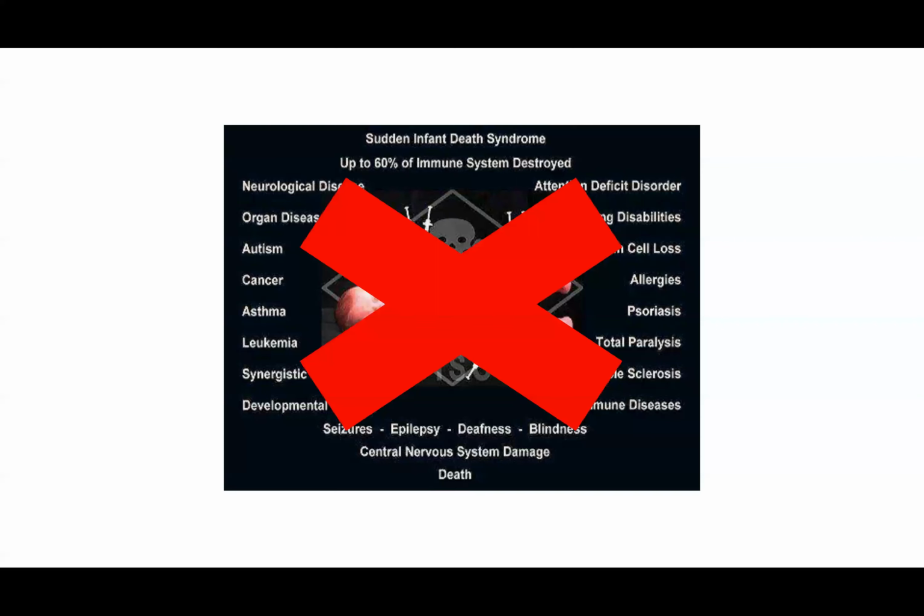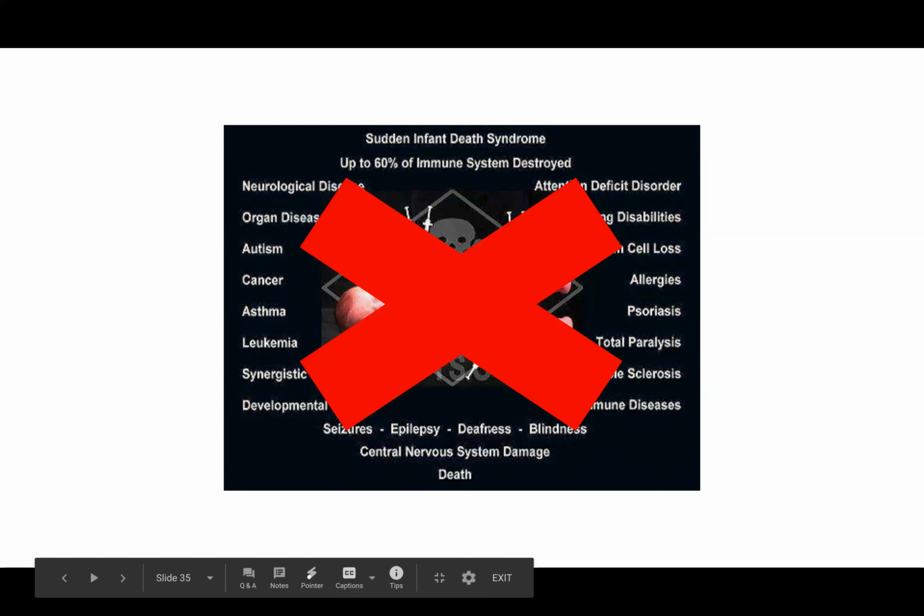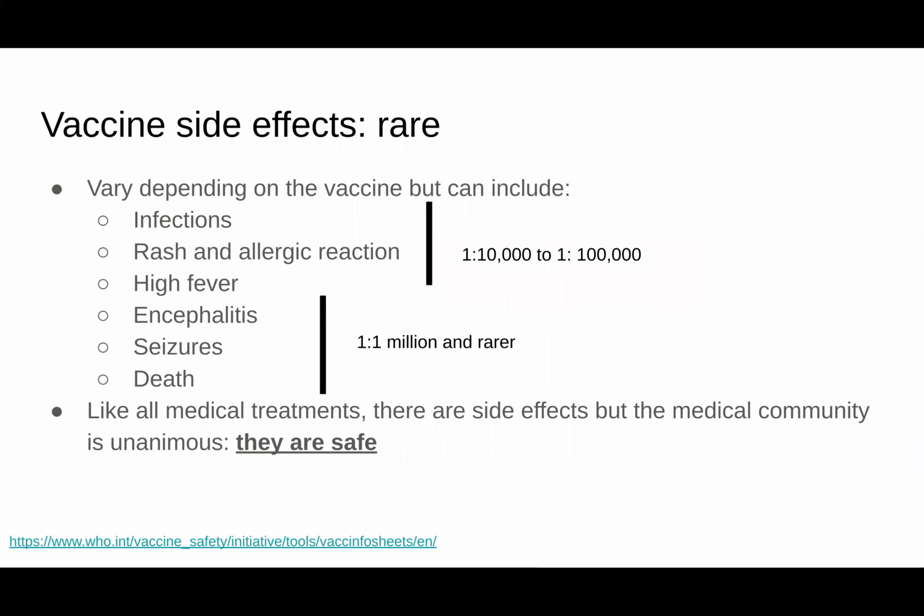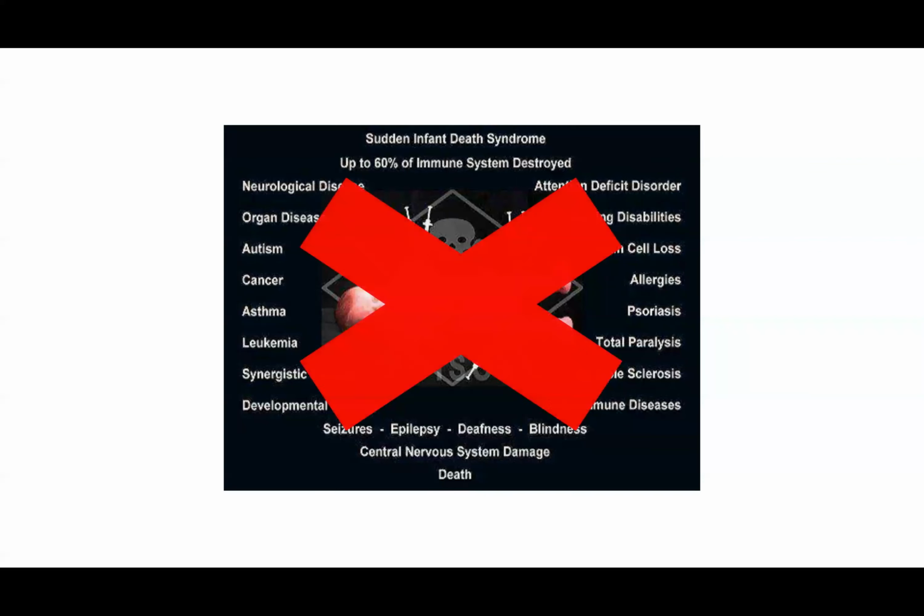So just as a note, none of these things, SIDS, destroying your immune system, have ever been linked to vaccination. This is just a bunch of pseudoscience and sort of nonsense around vaccinations. But again, there are side effects, and you should know them if you're going to get any vaccination at all. But again, these are not side effects. This is just not true stuff, okay?